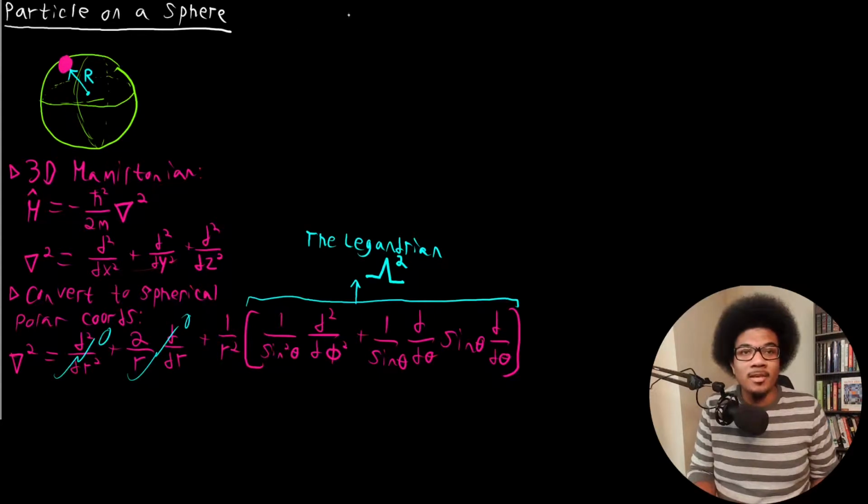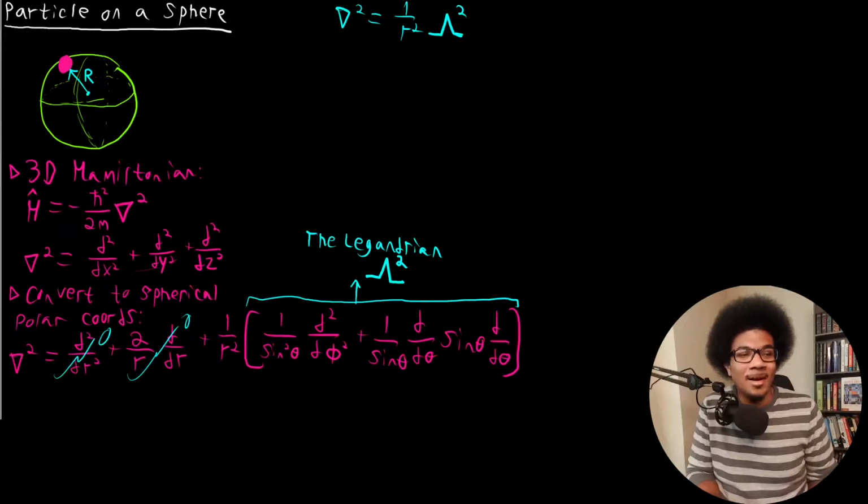So now our Laplacian is just 1 over r squared lambda squared. That looks less intimidating than the original. That's what our Laplacian will simplify to. Now we can think about what the time-independent Schrodinger equation looks like.